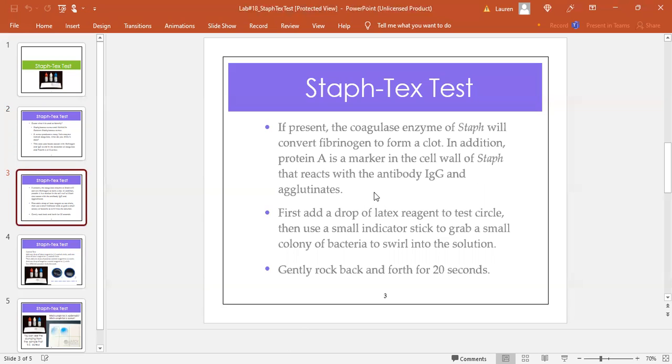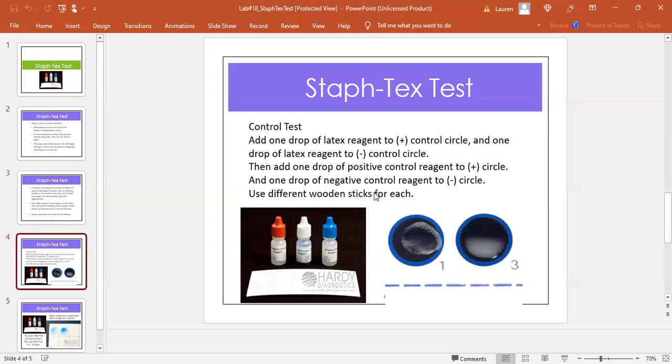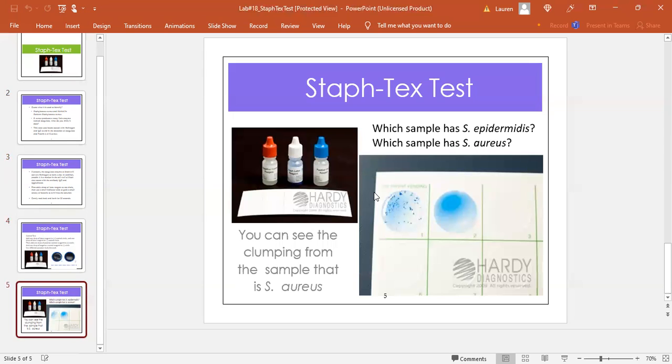So remember, the IgG plus the protein A is an agglutination, and then the interaction between fibrinogen and the coagulase will turn that into fibrin, which clots. So there's two different clots going on at once, and it's all with these latex beads, and that causes us to have these big, obvious agglutinations right here.